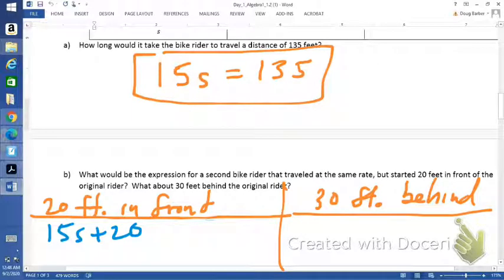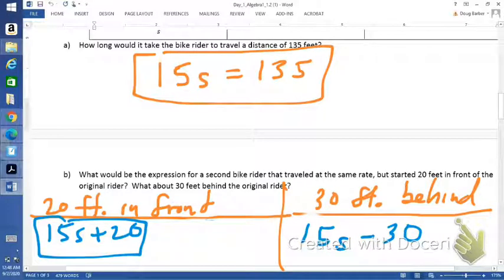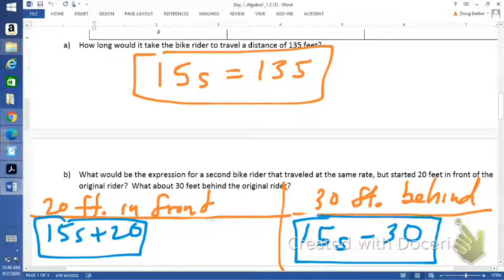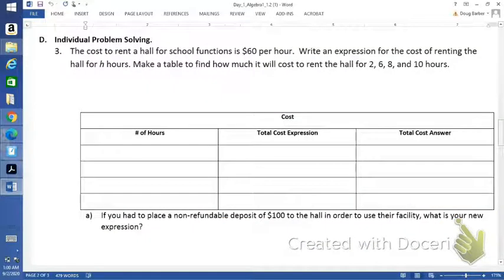Alright, and then for the 30 feet behind, that's just going to be the 15s minus 30. Alright, so those are the expressions. Okay, so that's all we're going to do for the guided note video portion of day 1 of 1.2.